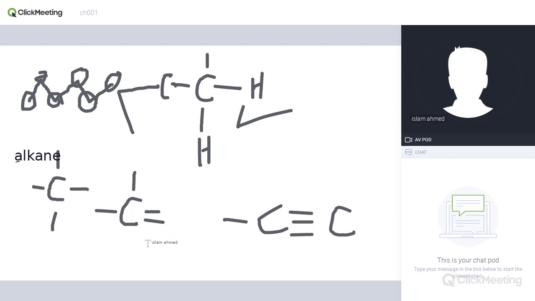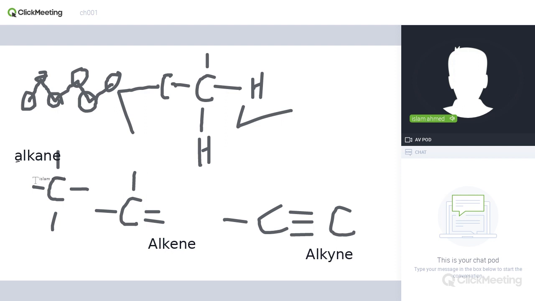If it is double bonded, it's called alkene. If it is triple bonded, it's called alkyne. Okay, so these are the types of the aliphatic hydrocarbons.